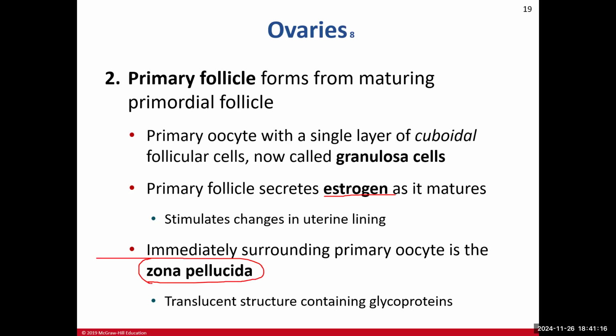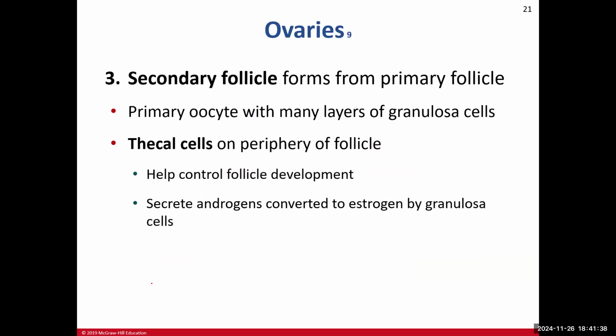It's literally got to move through these glycoproteins, these molecules, in order to penetrate, so that fertilization can occur. If you've ever watched a video of a sperm trying to fertilize an egg, it's really pushing in there. We talked about the flagellum last class and lab class, and its purpose is to help propel the sperm into that area. So the zona pellucida is that layer immediately surrounding the oocyte that sperm has to get through.